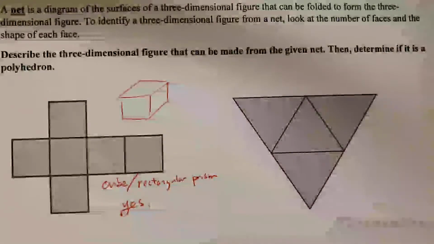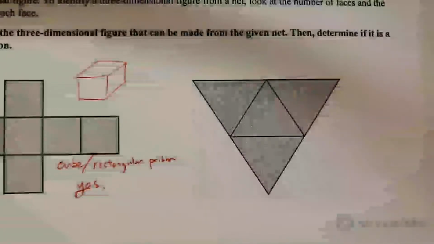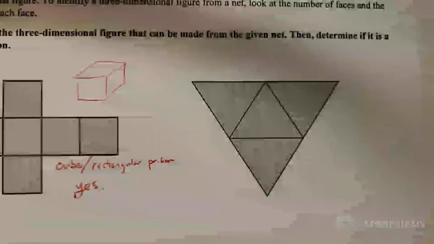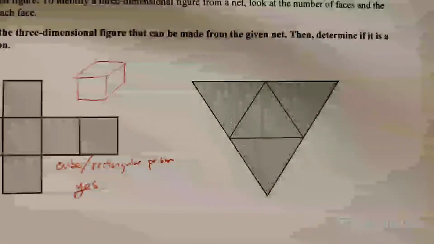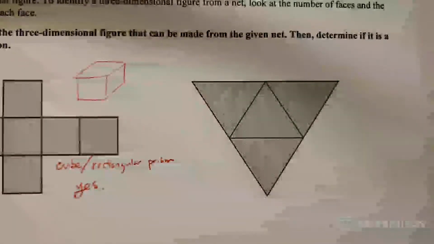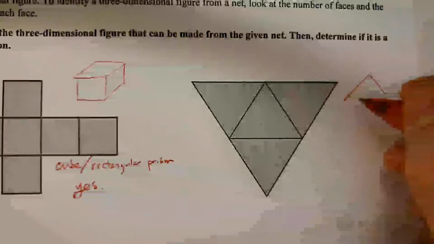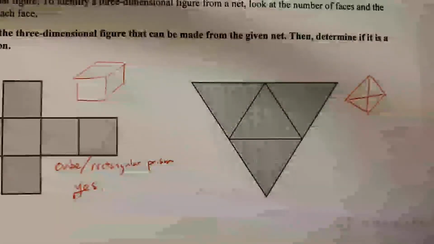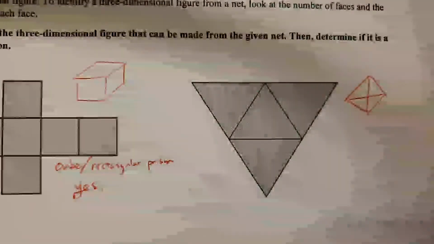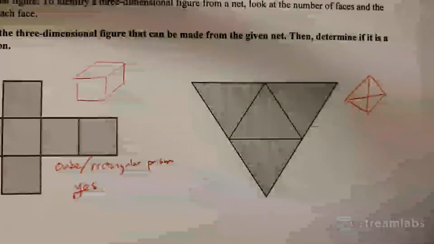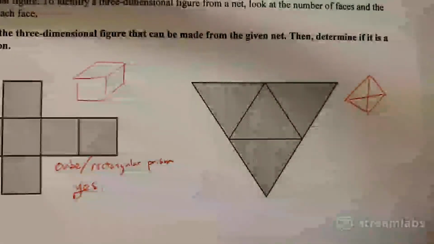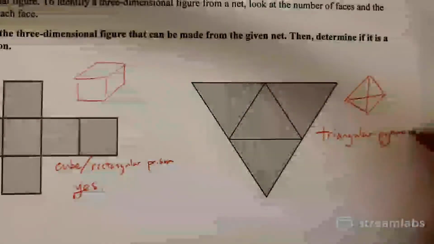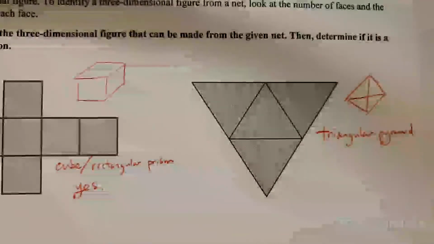Okay. What is this called? Oh, lagging again. Is triangular pyramid a type of polyhedron?